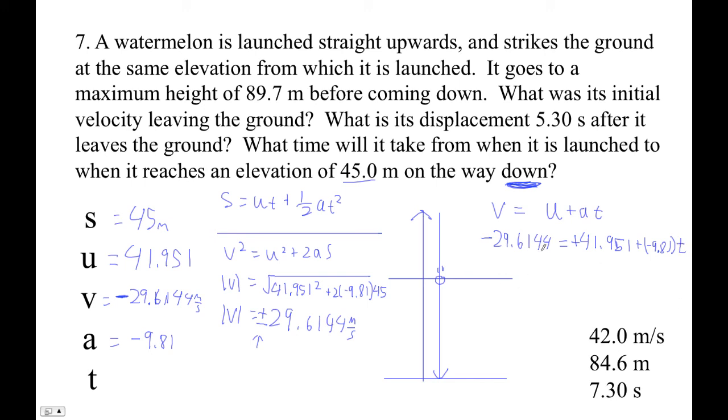Okay, I see what's going to go on here. Ultimately you put this on this side, so you end up with a big negative number. So I got negative 71.565, whatever. And now I'm going to divide that by negative 9.81.